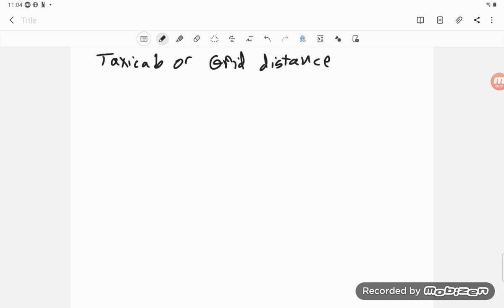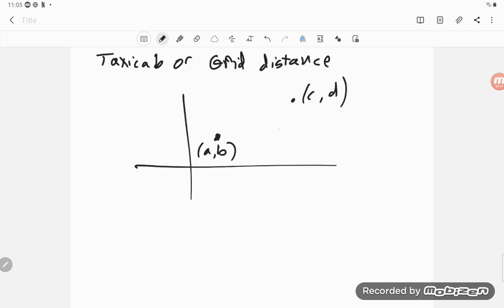And again, the idea is simply that if I have a couple of points here, an A, B, and a C, D, that the distance is, now we'll see in our project that as long as I always make progress on the grid toward the point, it doesn't actually matter, did I go straight to here and then up to there, or did I take steps like this.